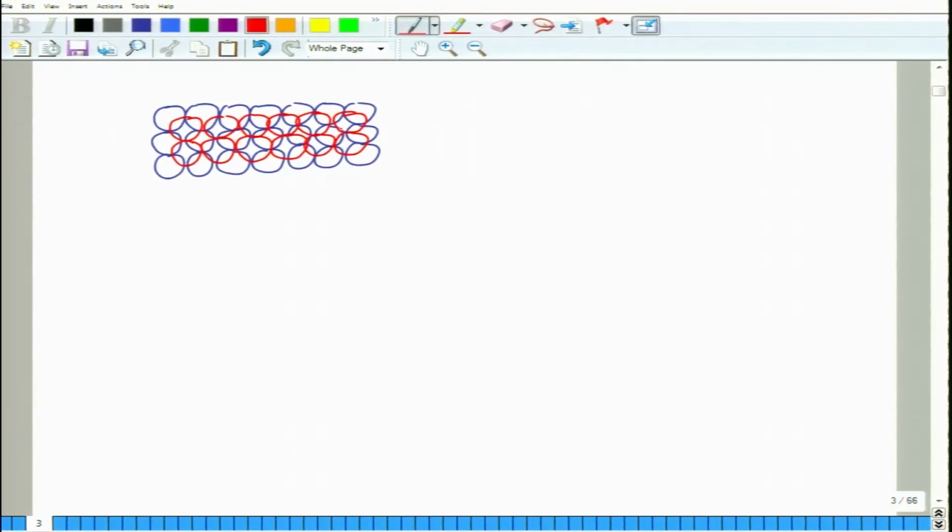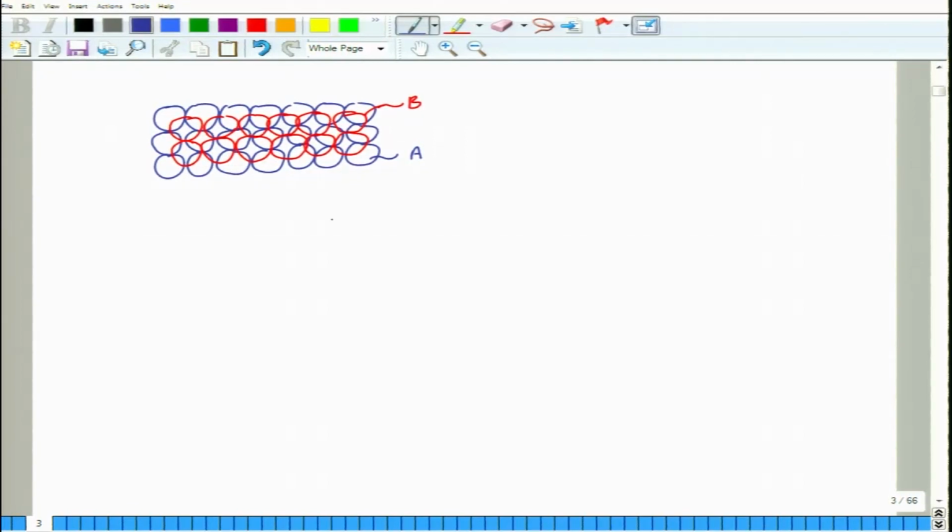So this will be the B layer, and the first layer will be the A layer, and then again on top you can put a layer.